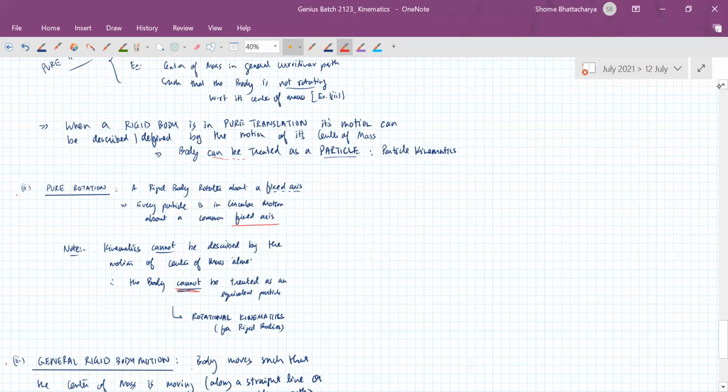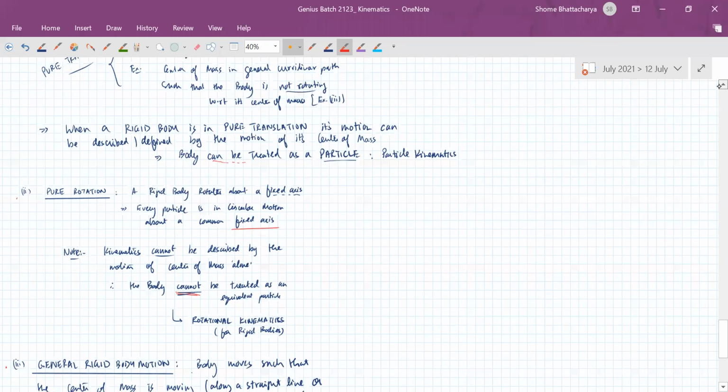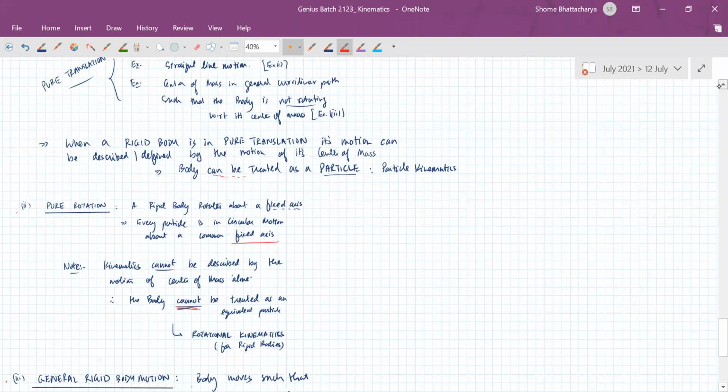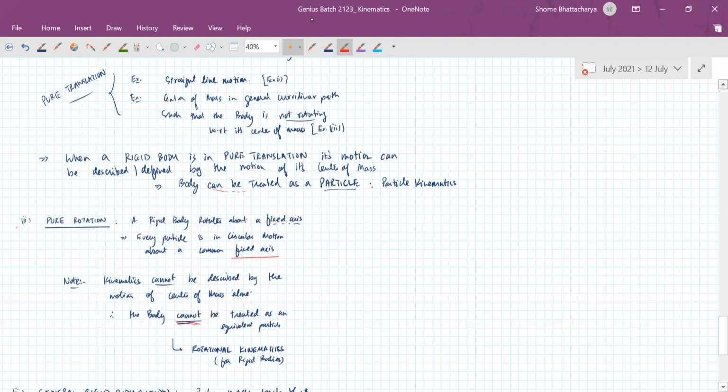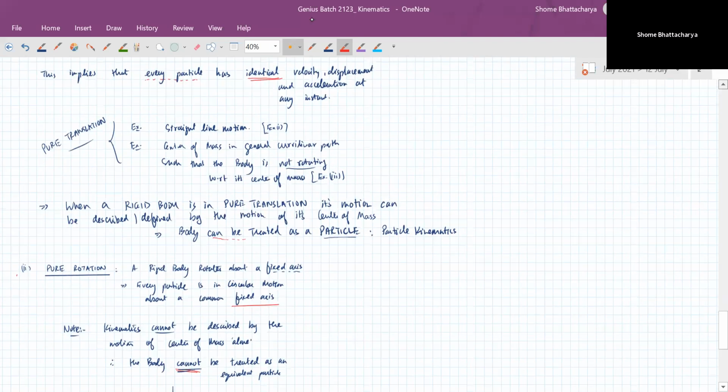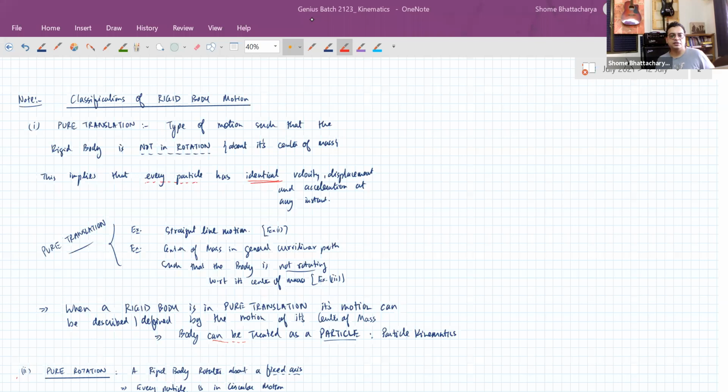So while the name of the chapter for us here is kinematics, it's not correct to understand that it's the entire part of kinematics. It is the first part of kinematics, which is particle kinematics. Even if we are saying that we are applying the equations to a rigid body, we should be able to treat it like a particle. So that means the rigid body must be in which type of motion? Pure translation.